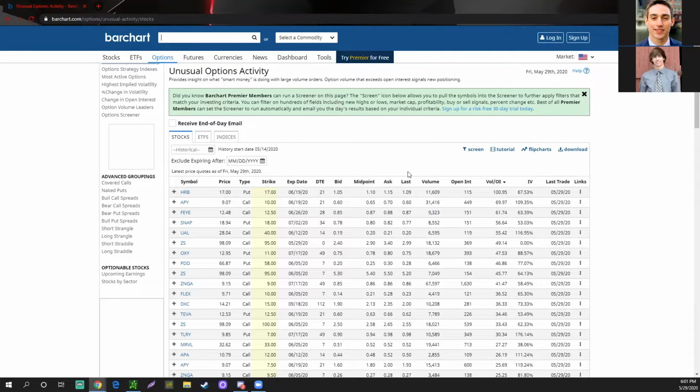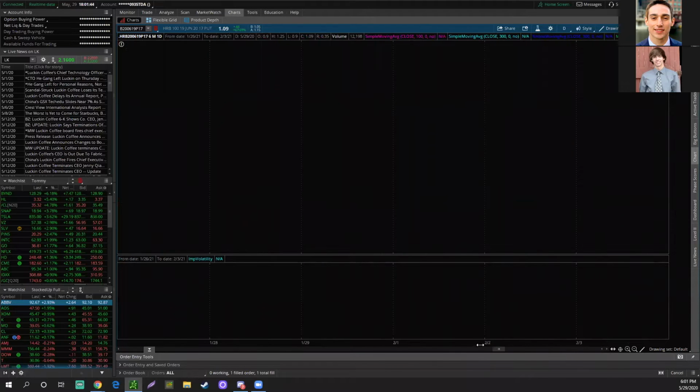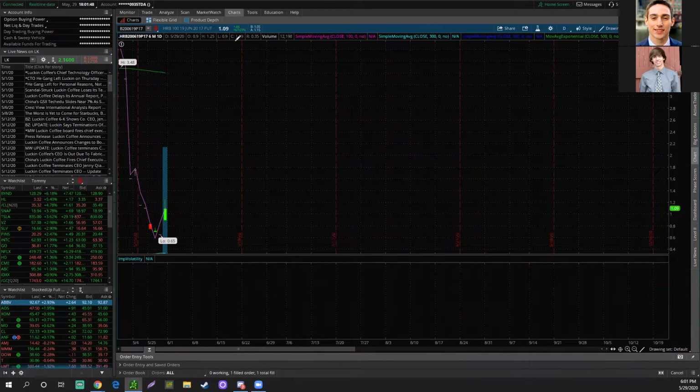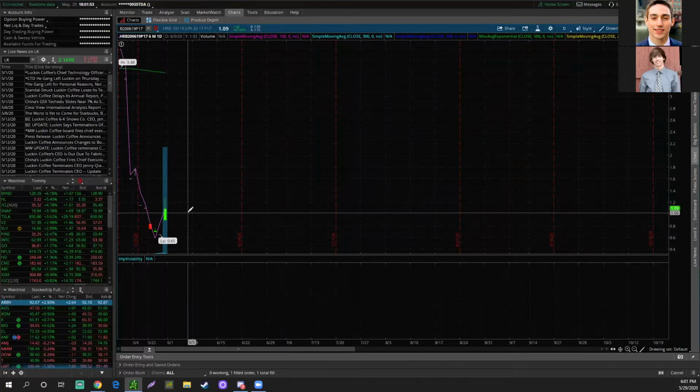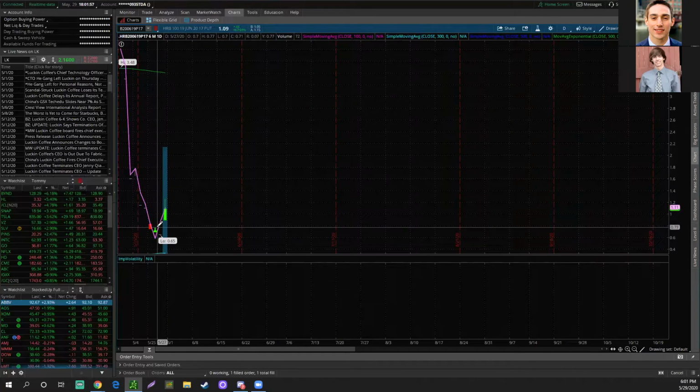For example, the first play was the HRB 17 strike puts that expire on June 19th. So Tom, how much volume was on these puts today? About 11,000 contracts traded. And how much volume the day before that? Let me see.